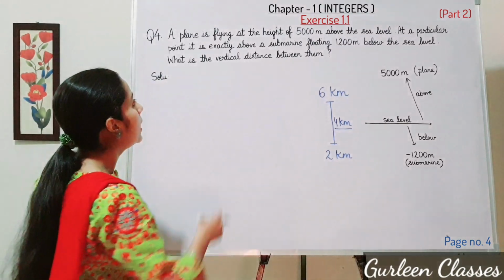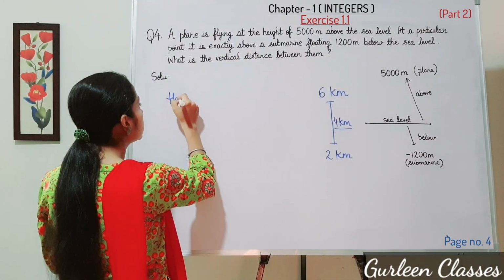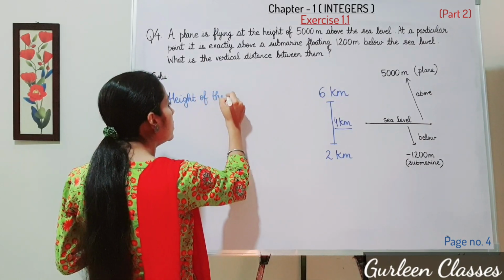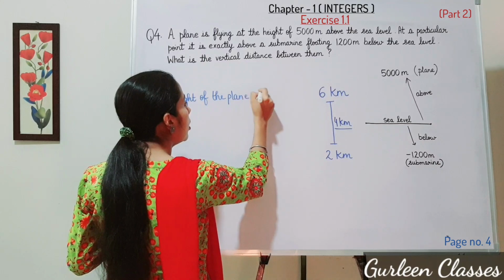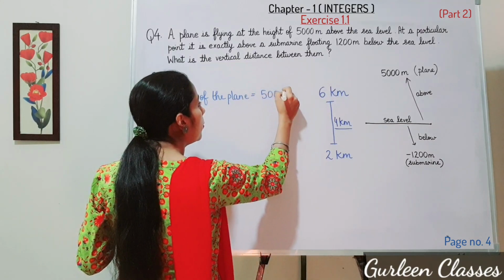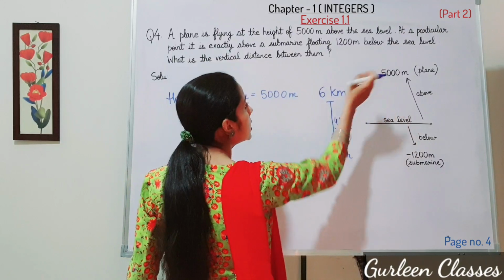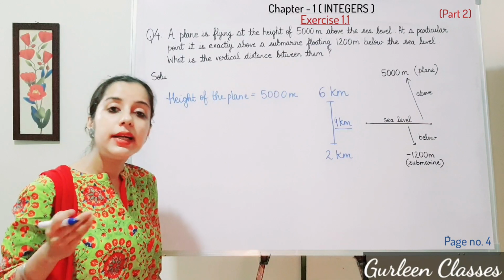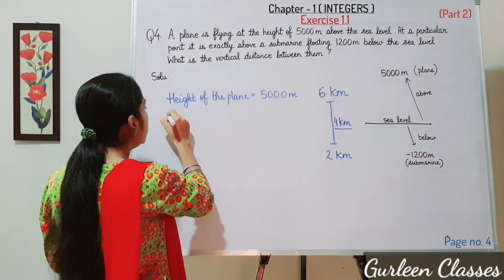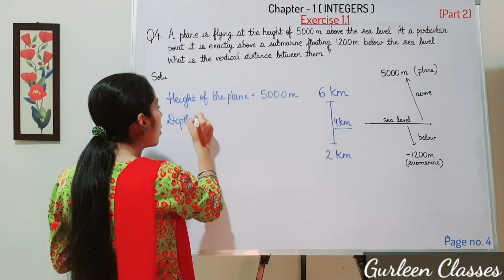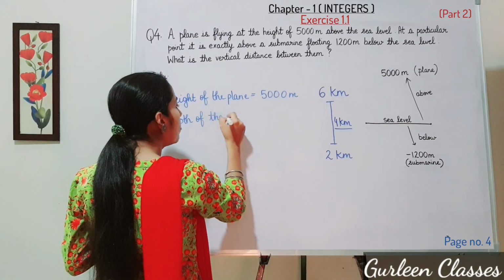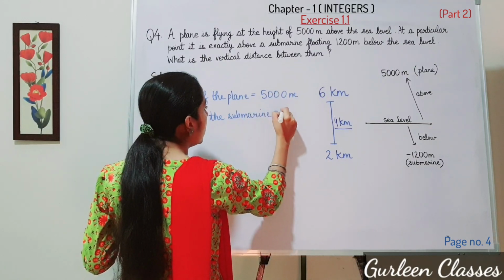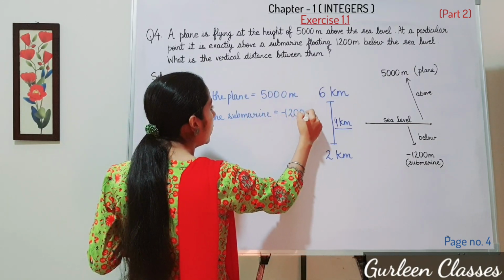So first let us write here height of the plane. So height of the plane is given 5,000 meter as it is above the sea level. At a particular point, it is exactly above a submarine and depth is given. So right here, depth of the submarine. So depth of submarine is given as it is below, it is minus 1200 meter.